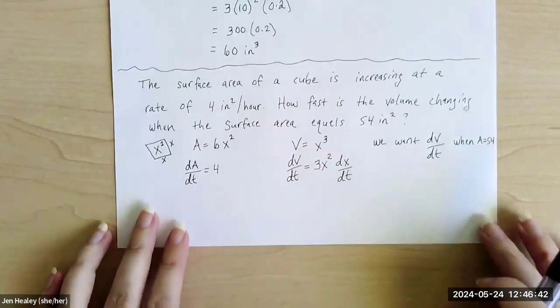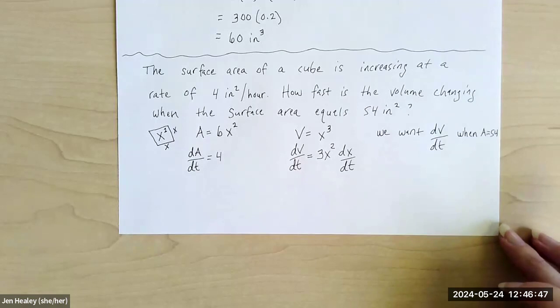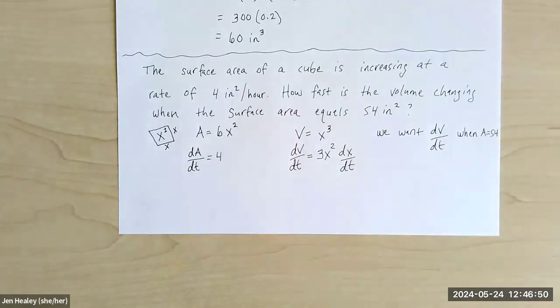So it's not that this is a hard problem, it's just that if you go about it the way we've been doing the other ones, you don't have the things you need yet. So we're going to have to use the other side to help us figure that part out.